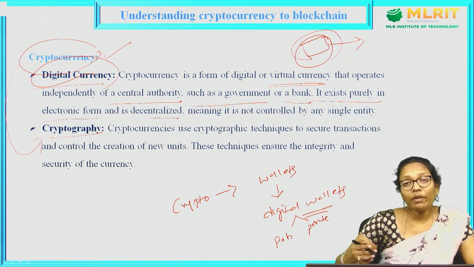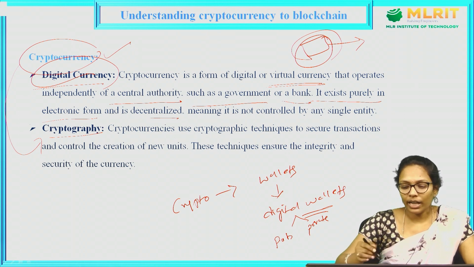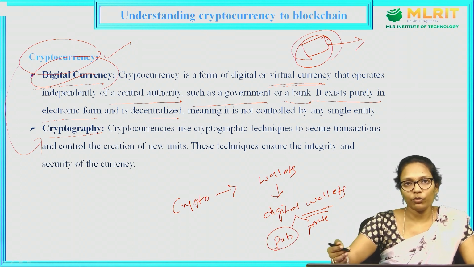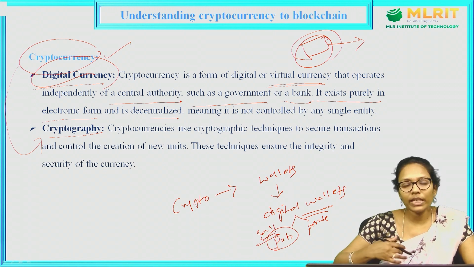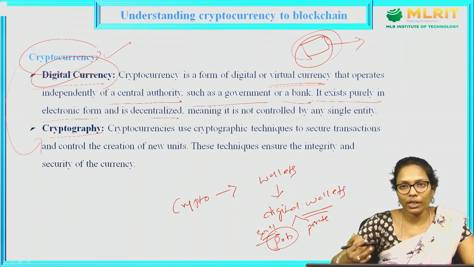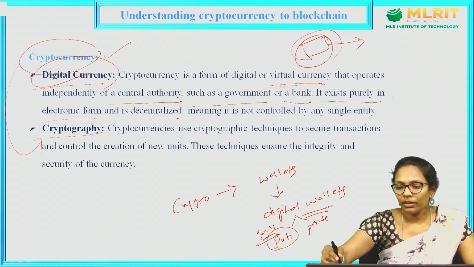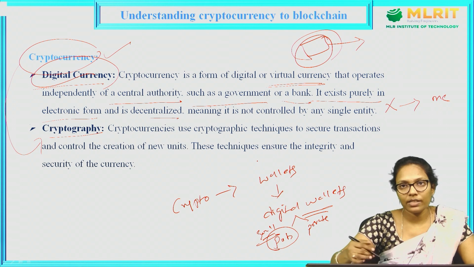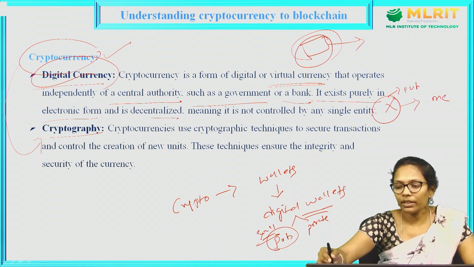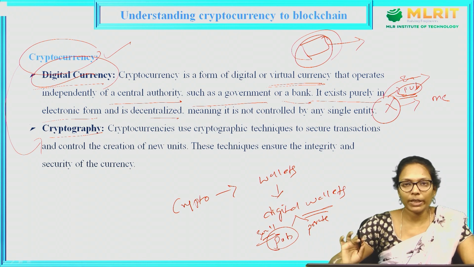If I want to receive funds from others, I need to share my public key with them. It's like an email ID. If I want to receive an email from others, I need to share my email with them. So if some person X is transferring digital currency to me, he uses my public key, that is my address, and says send this many tokens or this many bitcoins to this public key.